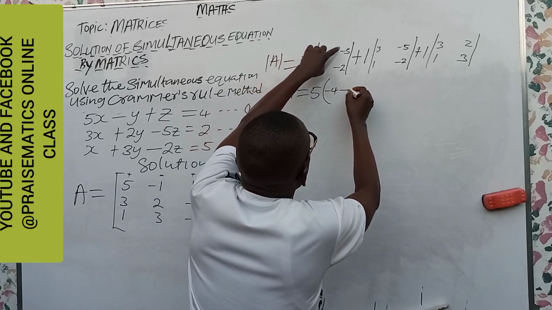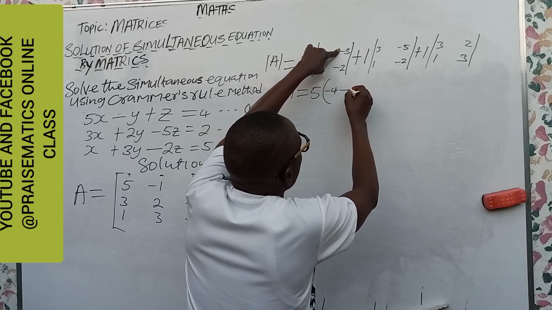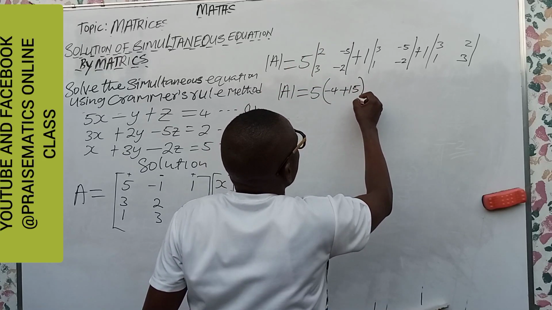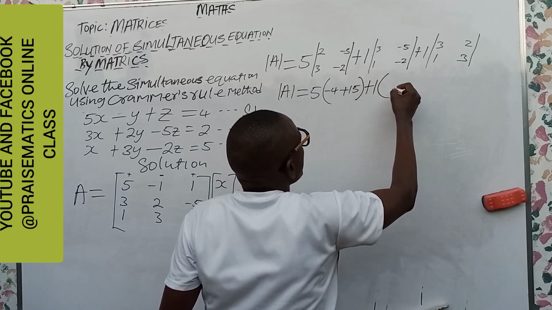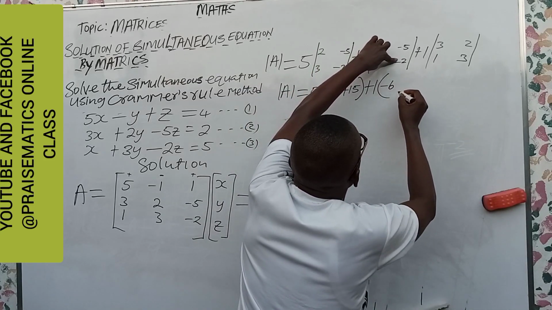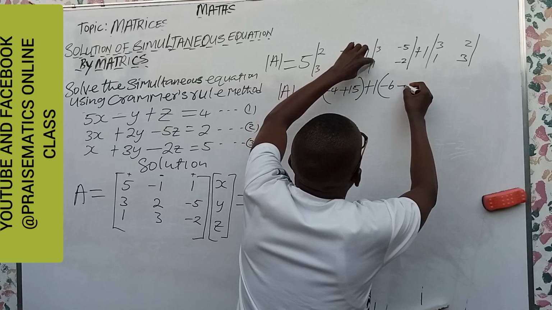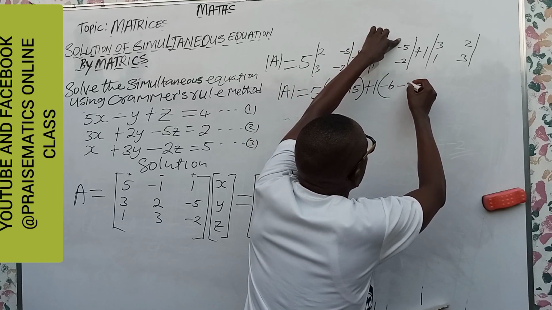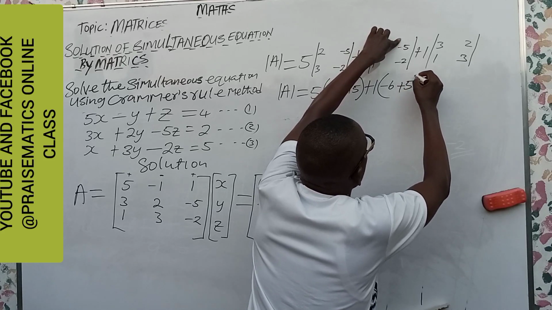Minus 3 times -5 will give us -15. Minus -15 will turn to plus, which is 15. Close it. Plus 1 into bracket: 3 times -2 will give us -6. Minus 1 times -5 will give us -5. Minus 5 minus -5 will turn to plus. Close it.